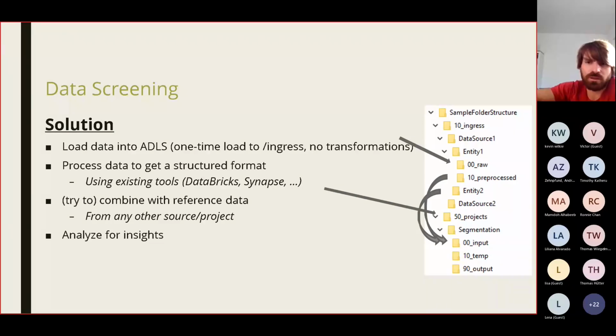At some point, you need to load the data that you want to screen and do some pre-processing. Whether you do it in Databricks or Synapse doesn't really matter. You see how and if you can use the data, if you can combine it with other data that you have already loaded, and then analyze it for further insights.